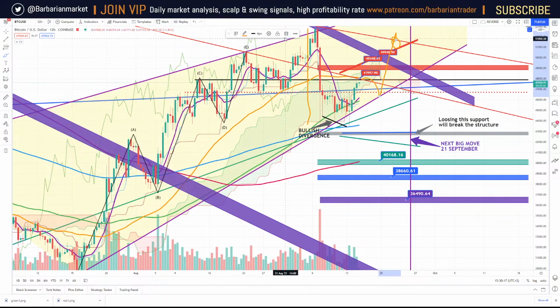Okay, otherwise they might just drop from this area, pull around here at the base, break it, test it as resistance, maybe test this as support, and continue down with the second leg down, like we talked earlier.